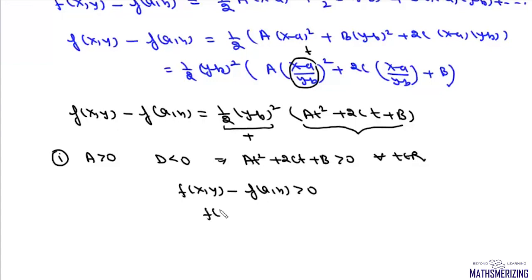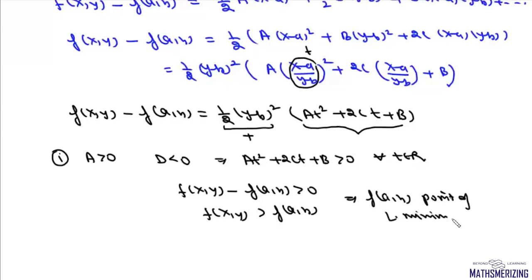So we'll get this condition f(x, y) is greater than f(a, b). So for all the points in the neighborhood of (a, b), the value at (a, b) is the lowest. So from here we can say this f(a, b) is a point of local minima.